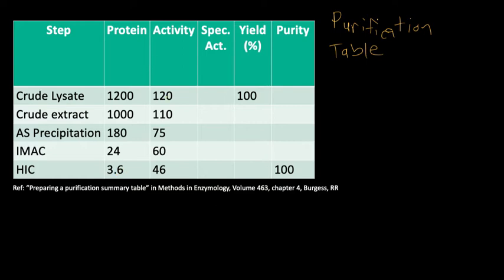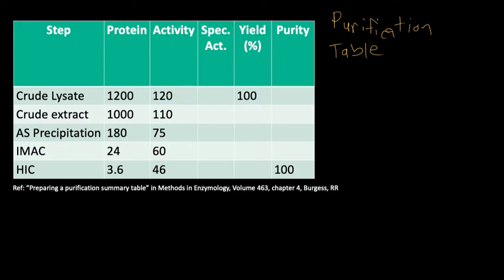And then your activity, so this could be, for instance, an enzyme assay. A lot of times when we're purifying proteins, they have an enzymatic activity that we can use to track the progress of the purification, and those typically are presented as activity units.